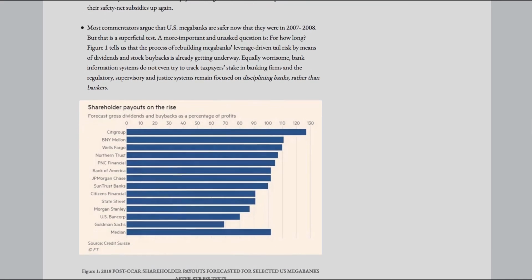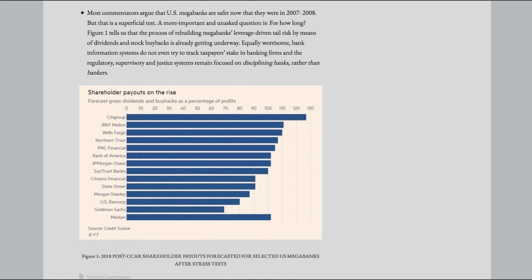Most commentators argue that U.S. megabanks are safer now than they were in 2007-2008. But that is a superficial test. A more important and unasked question is, for how long? Figure 1 tells us that the process of rebuilding megabanks' leverage-driven tail risk by means of dividends and stock buybacks is already getting underway.